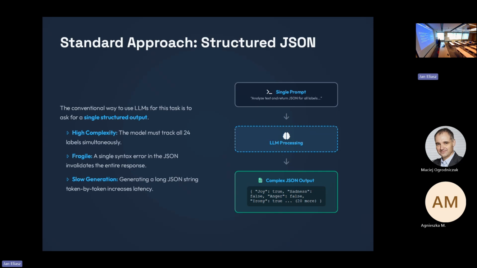The standard approach to multi-label classification using a decoder-only LLM is something called structured JSON output. We start with a single prompt: the instruction, the text to classify, and also a provided schema with the labels that we want to be classified.